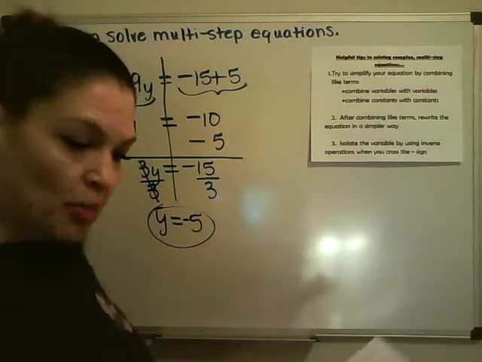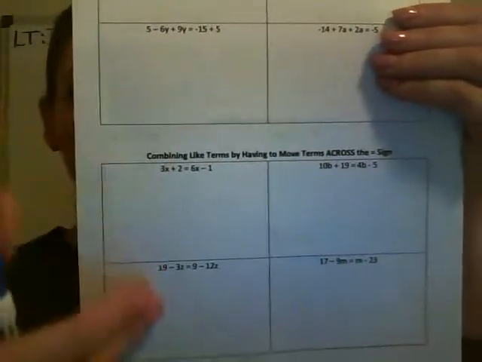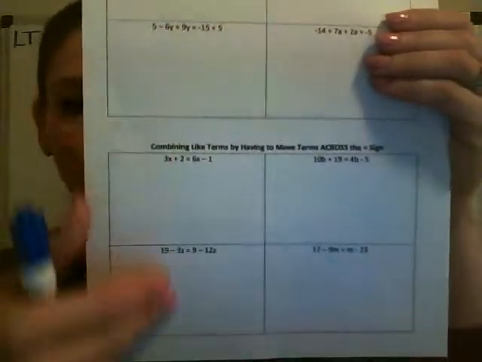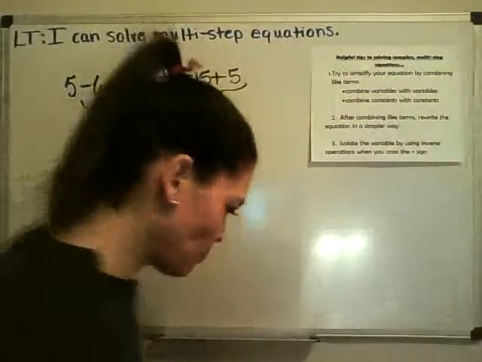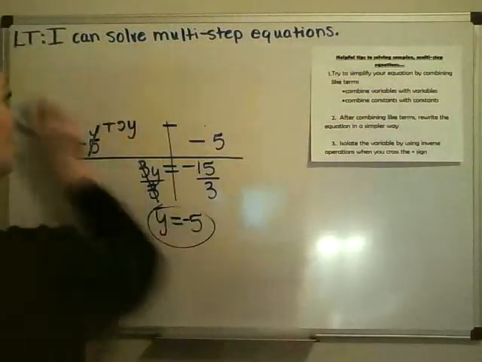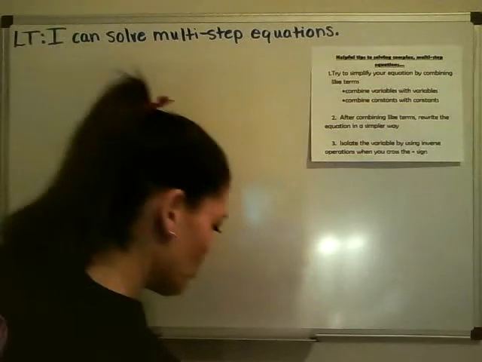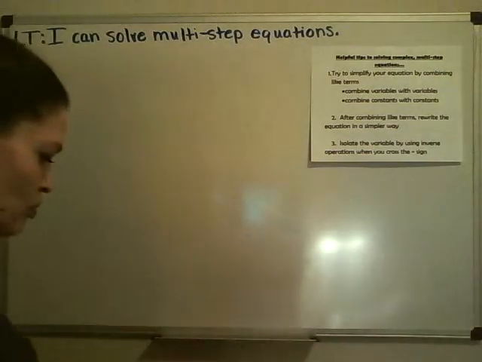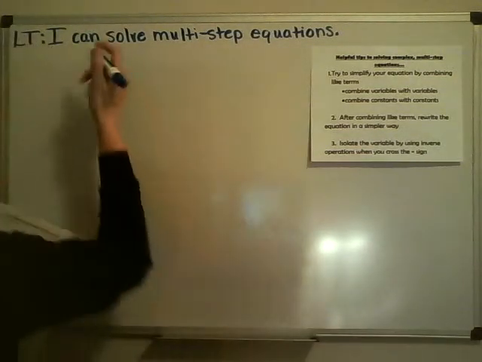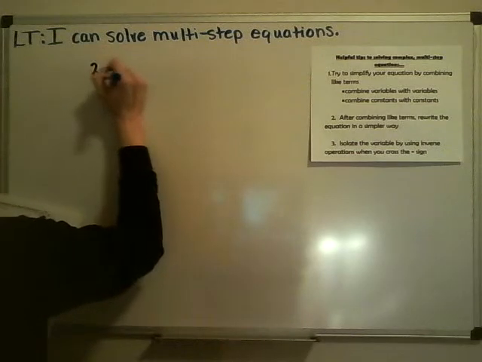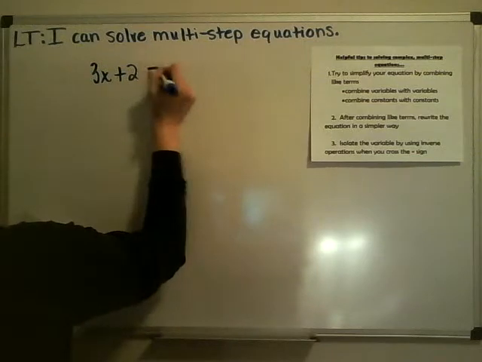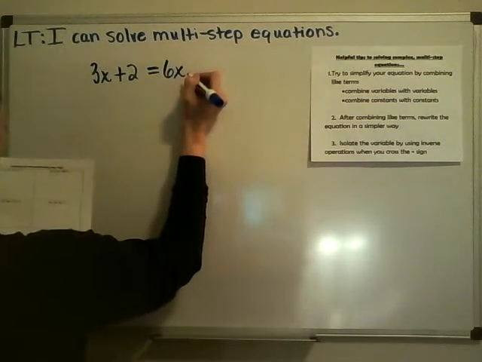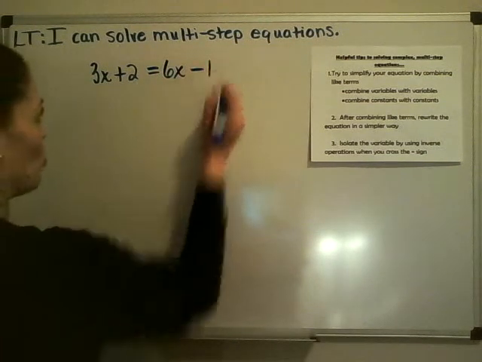Okay, so we're going to bump things up a notch. So we're going to slide down to the second section of your notes, and we're going to work on these 2. We have 3x plus 2 equals 6x minus 1.